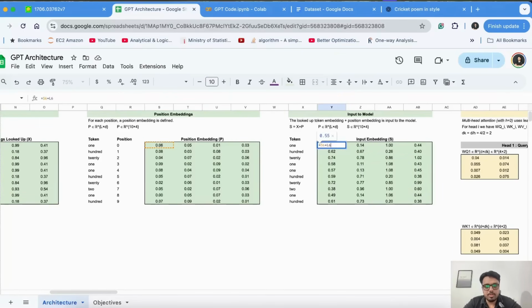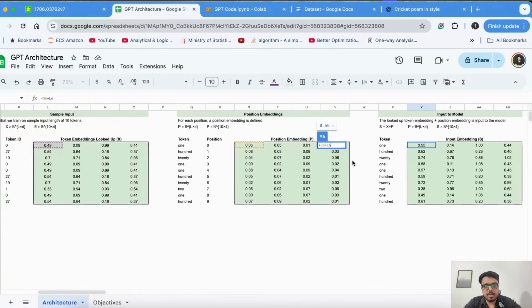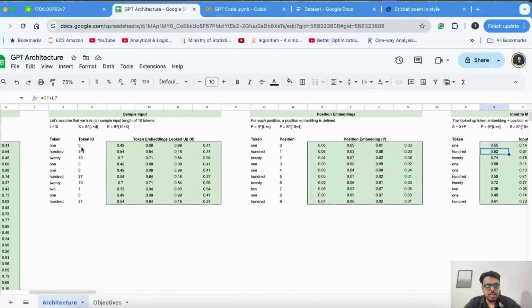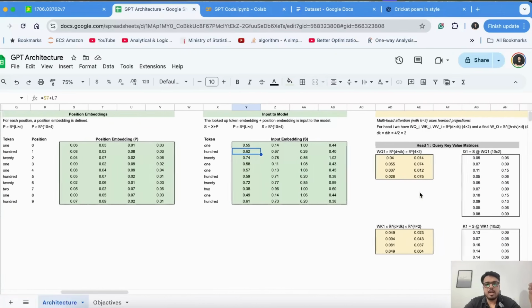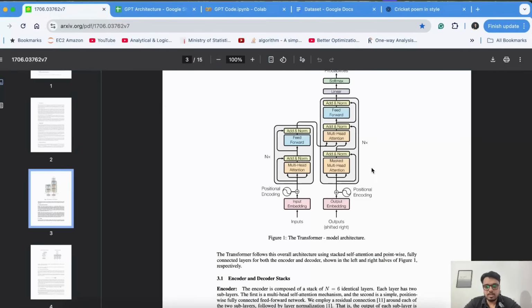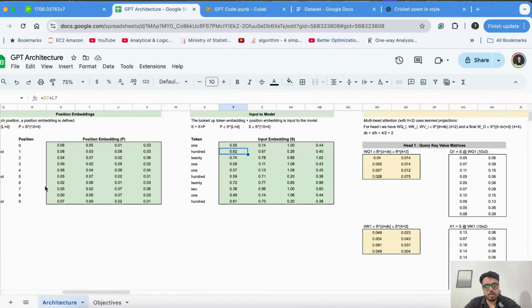If you see, this is simply element wise addition of token embeddings and position embedding. We have assumed a sequence length of 10, so there are 10 tokens over here. For each token there is a token embedding and a positional embedding, and the input embedding is a summation of the positional encoding and the token embedding.